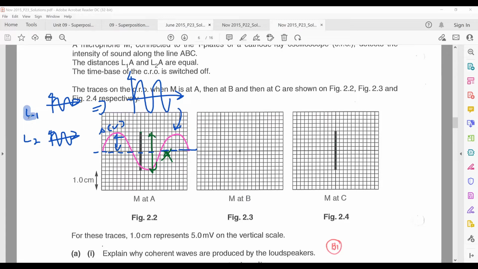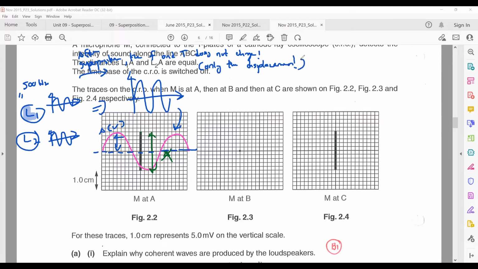So although they tell you L1 and L2 is 500 Hertz, after the superposition, the frequency and period does not change. The only thing that will change is the displacement.